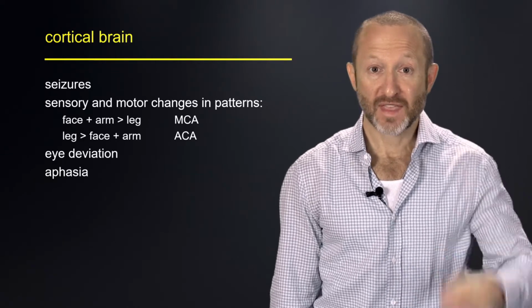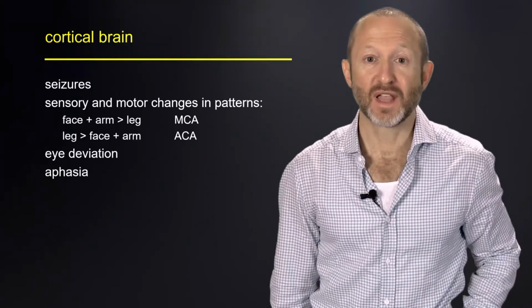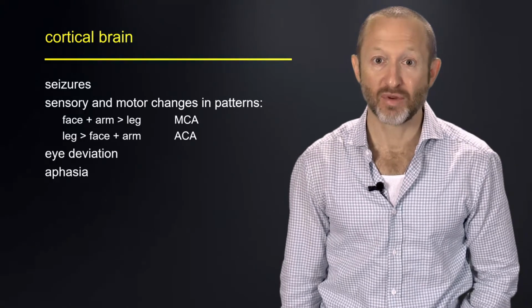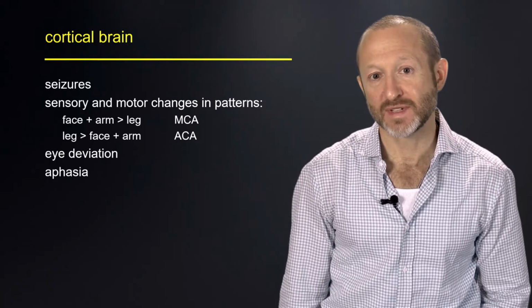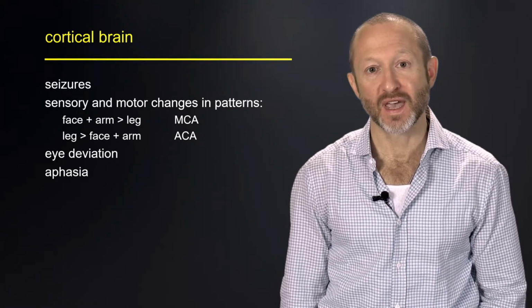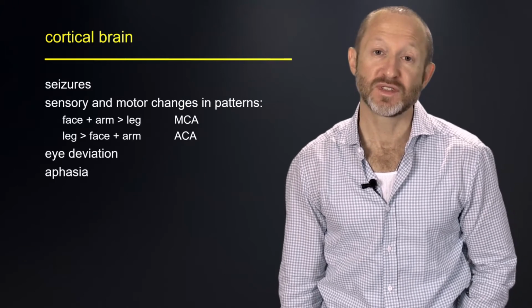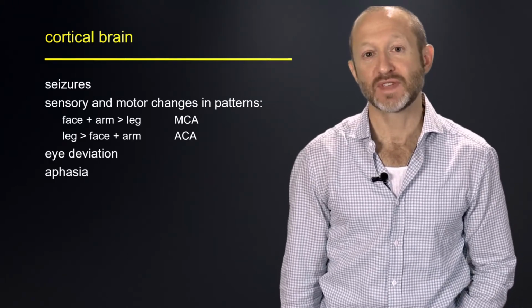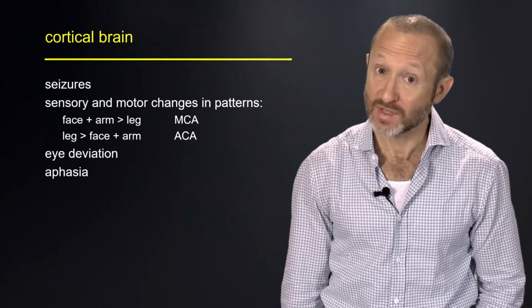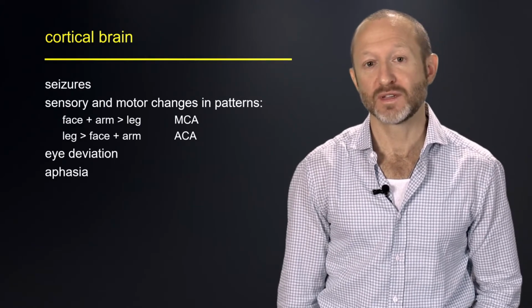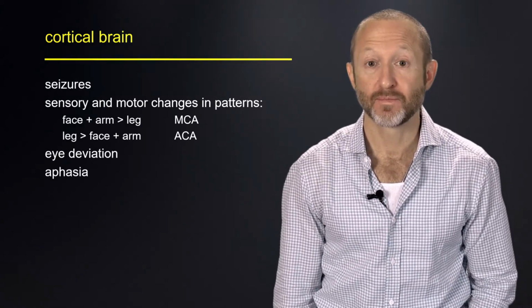By contrast, the anterior cerebral artery feeds the middle aspect or parafalcine region of the brain, which is where the leg is represented on the motor and the sensory homunculi, and therefore lesions of the anterior cerebral artery classically produce abnormalities of the leg more so than the face and arm in regard to motor and sensory modalities.